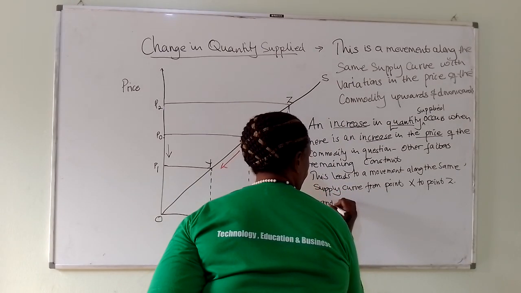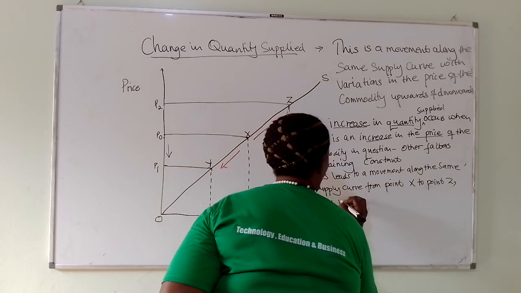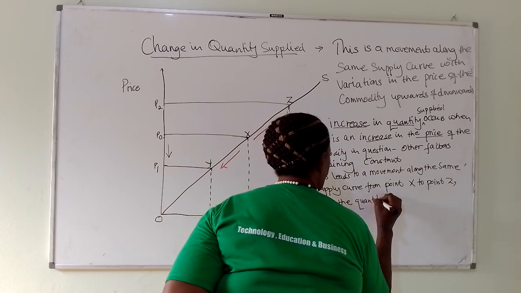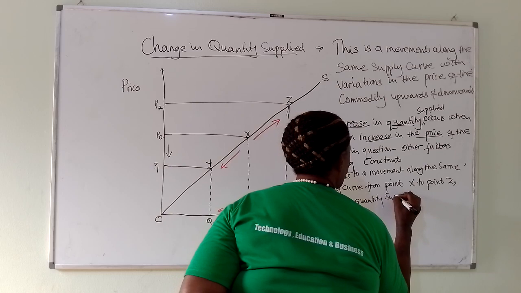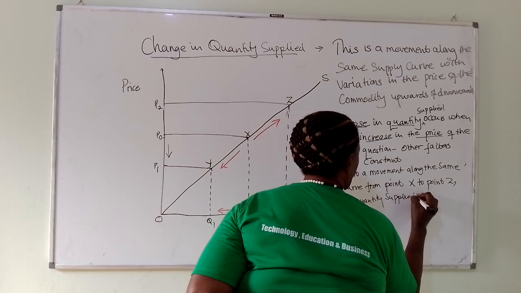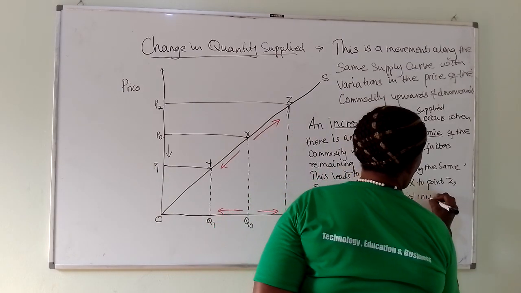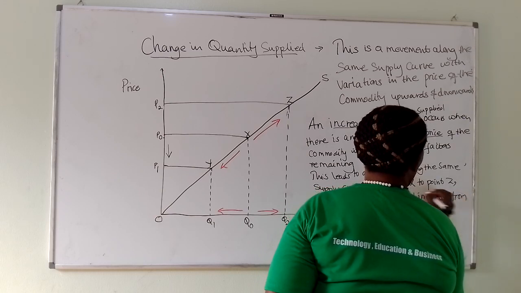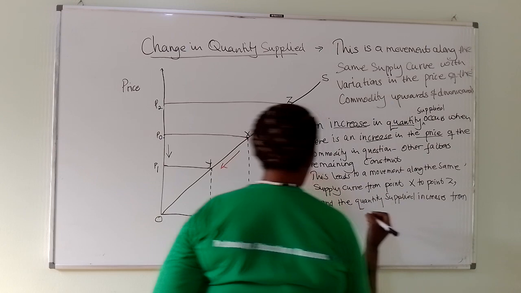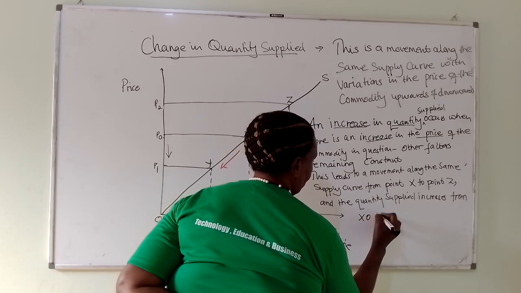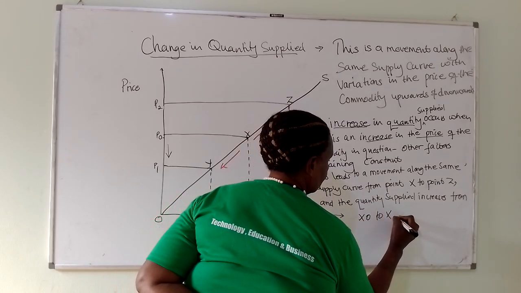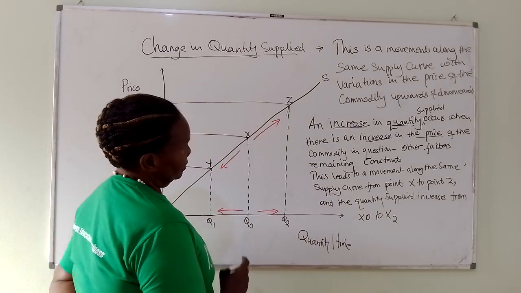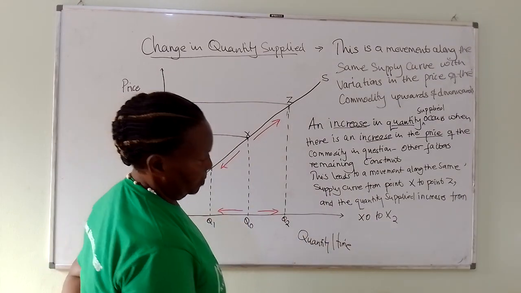And the quantity supplied increases from X0 to X2. So we have a rightward movement or an upward movement.